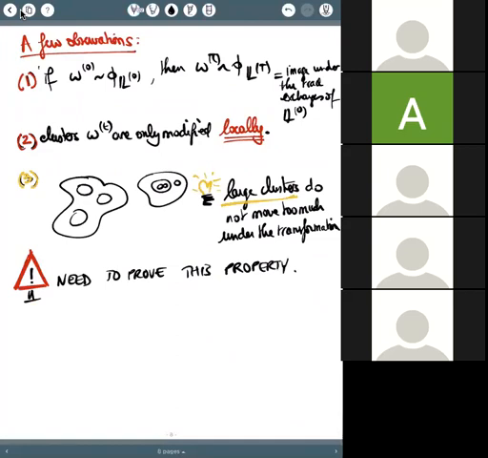Let me just mention, because we are here discussing observations, two simple observations regarding the transformation.